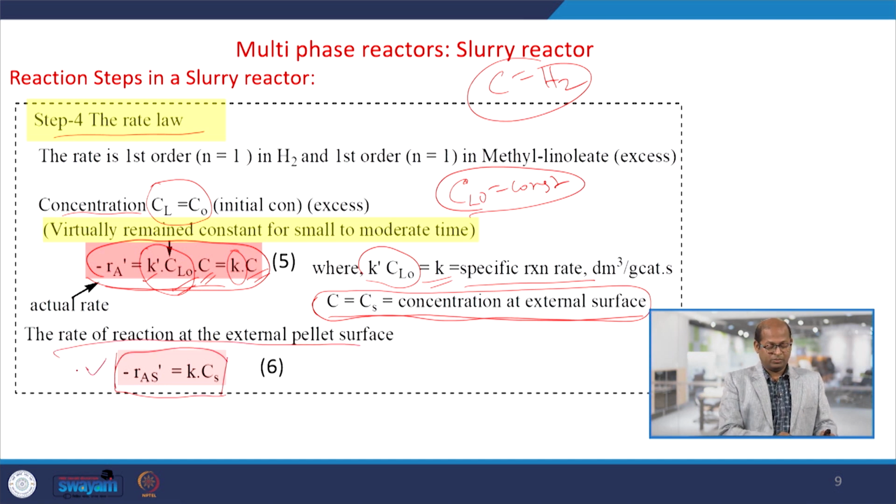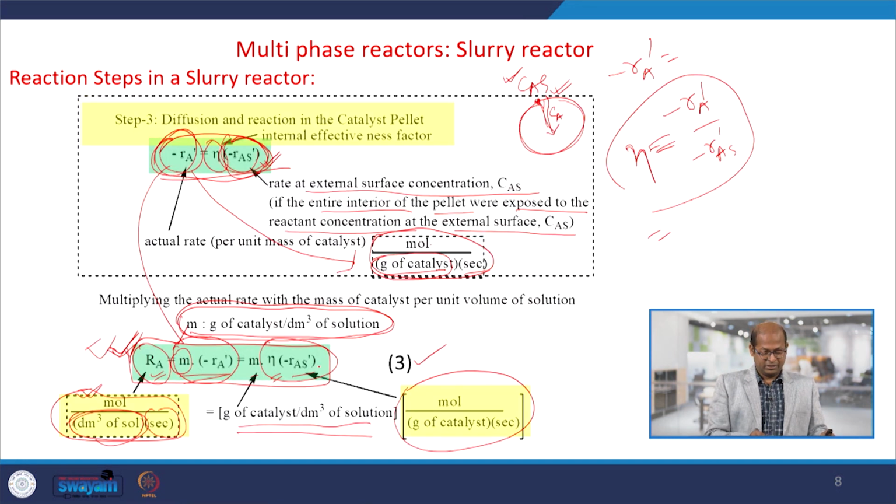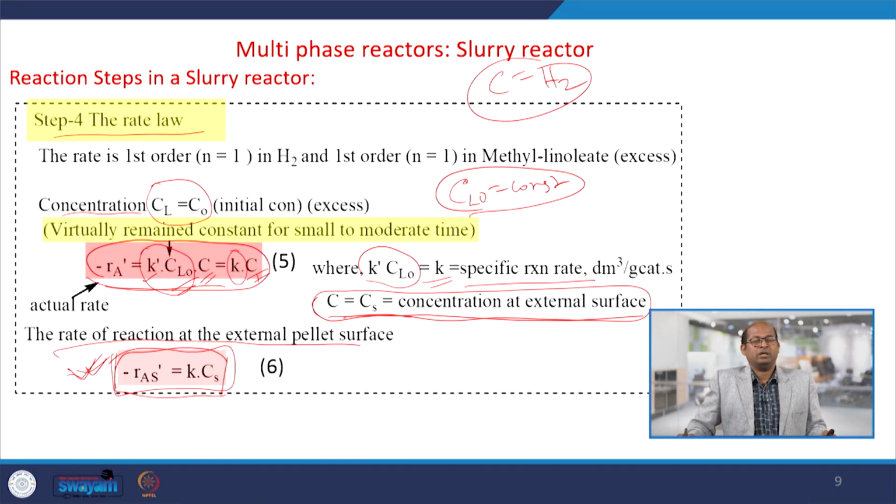So, minus RAS prime equals, if C equals Cs, then we can write minus RAS prime equals k into Cs. This equation is useful, as we can substitute equation 6 into equation 3.